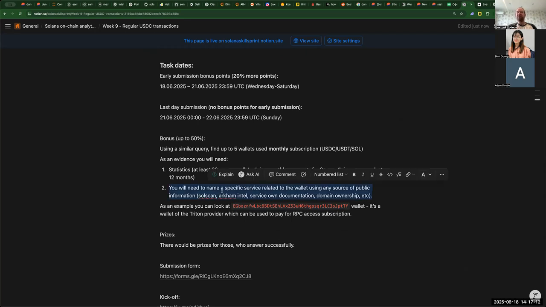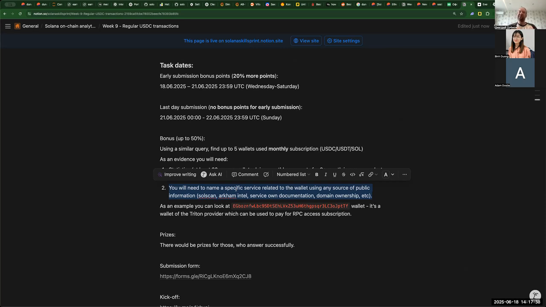For this we not only need the analytical part, seeing that multiple wallets are paying to the same place regularly, monthly. We also want to find some additional public link to some entity.